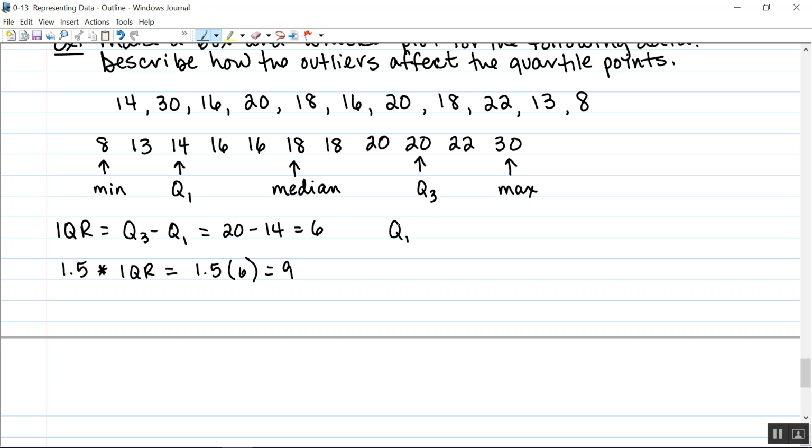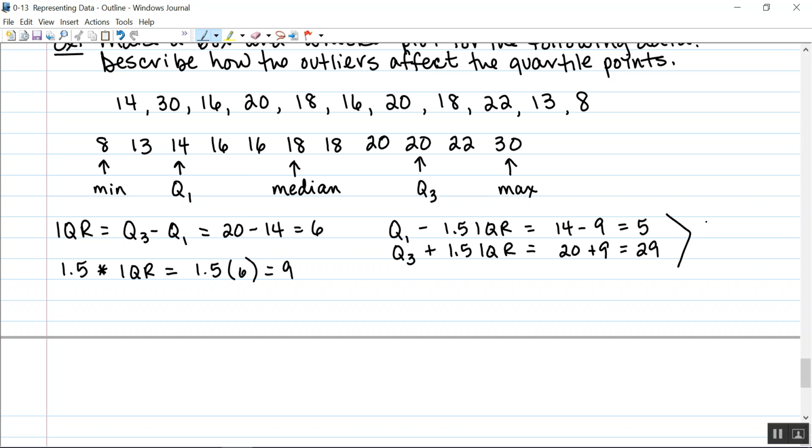So my lower quartile minus 1.5 times the IQR is 14 minus 9, which is 5. And then Q3 plus 1.5 times the IQR is 20 plus 9, or 29.